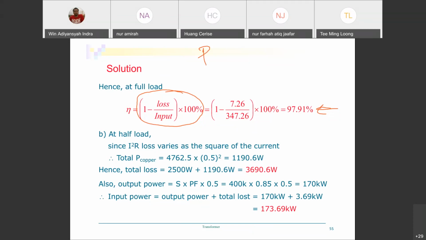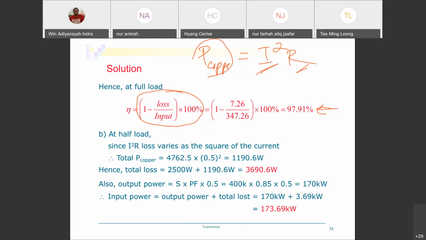P loss of copper equals I squared times R, on both the primary and secondary side. So if it's half load, the one that will affect the loss here is either the R and I, right?